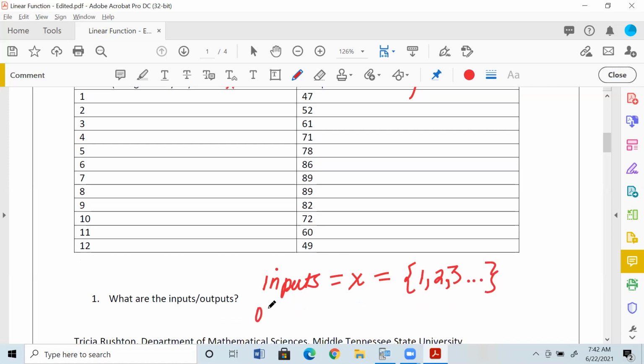Our outputs would be our temperatures. Again, Y is the same thing as our f of x values. And these would begin at 47, 52, and so forth.